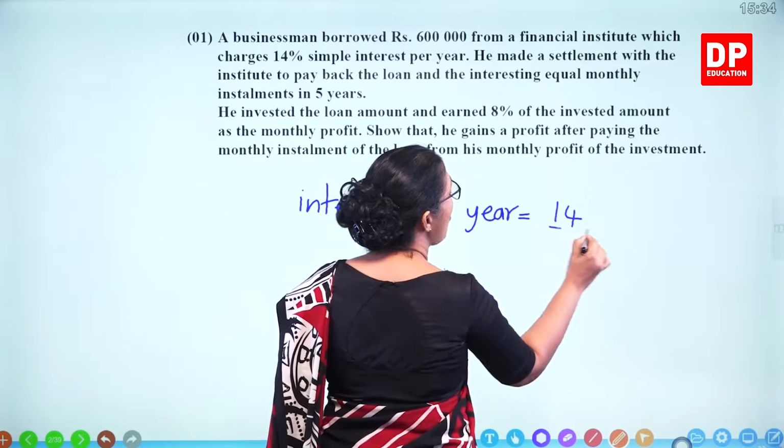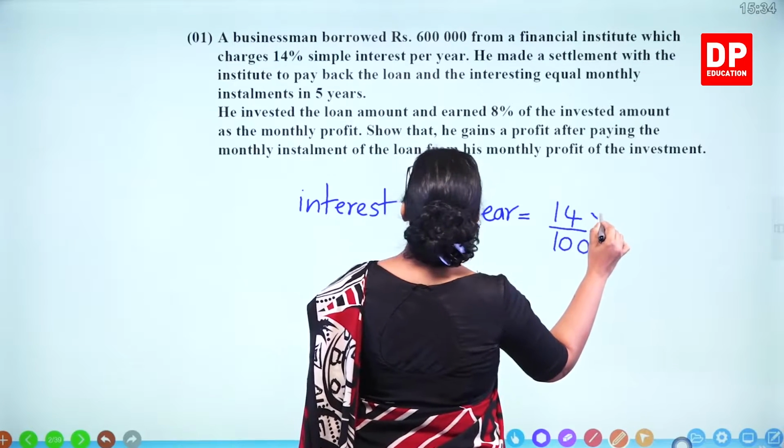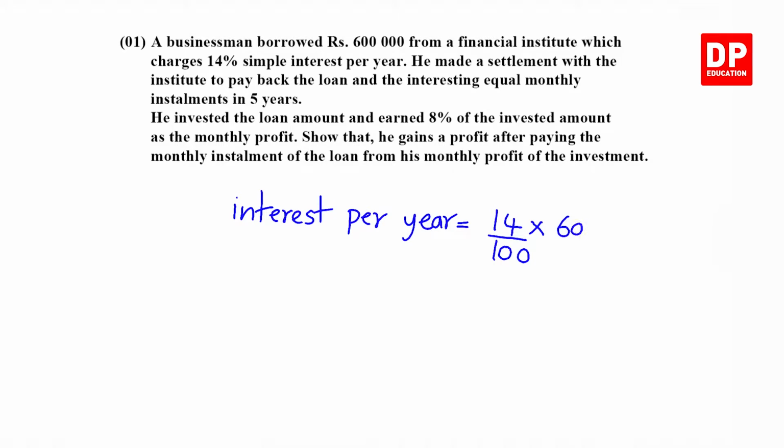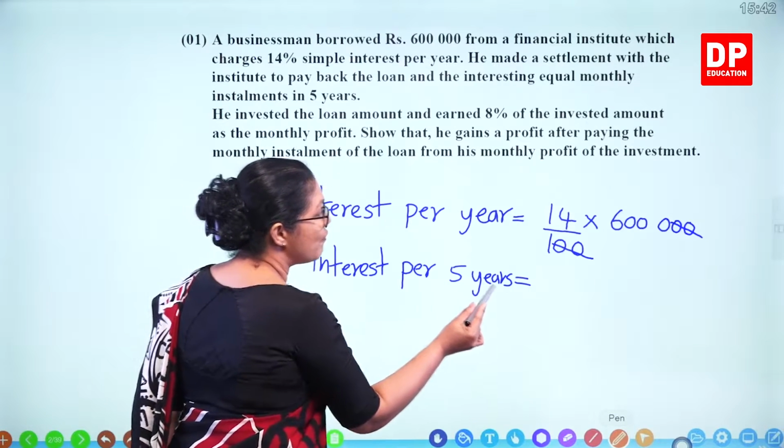So what's the interest per year? 14% of 600,000 rupees. Then you need to multiply that by 5 to get the interest per 5 years.